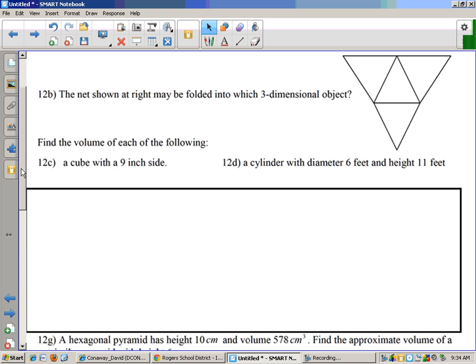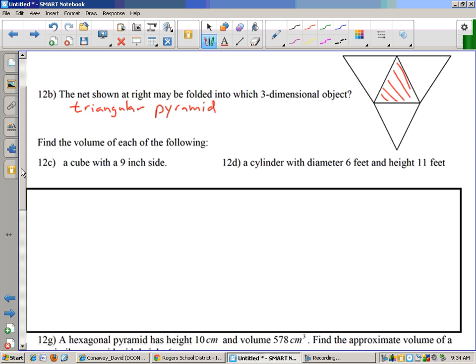If it's a pyramid, when you fold it up, the sides are going to be triangles. So this is a pyramid, but what is the shape of the base of this pyramid? It's a triangle, so this is a triangular pyramid. And what do you call this triangular pyramid if all four of those shapes are exactly the same?